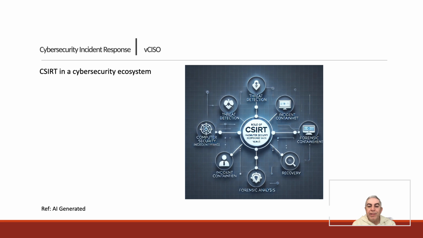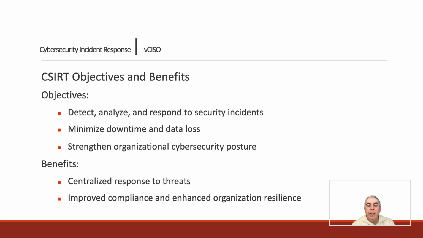There could be some investigations and discoveries happening. So this team is the center of it all, pivoting around all the activities and all the groups associated with the incident response itself.